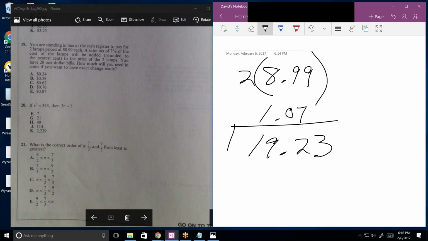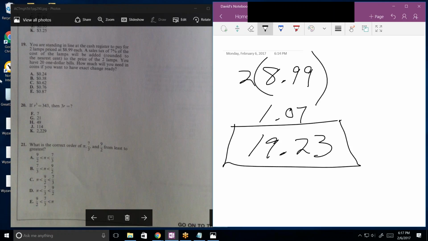Well, if you took your 20 bucks and subtracted your cost, you're going to get 76 cents. So they do put the trap answer on this question. You have to be really careful about reading the details on these. I guess the 2 was key.